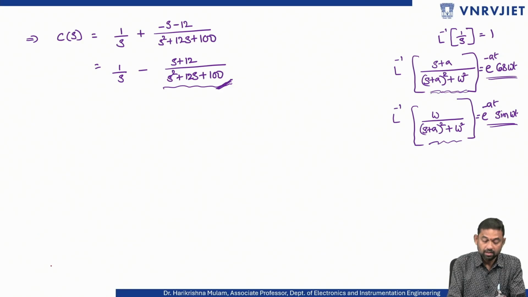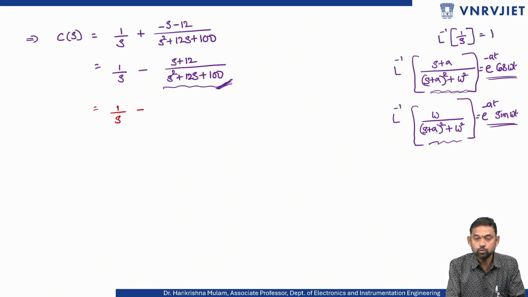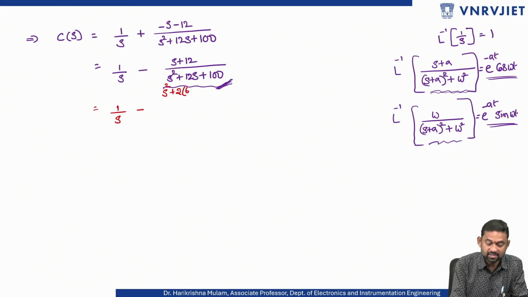Let us see. Therefore, 1 by s minus, you need to write it in the form of s plus a whole square plus omega square in the denominator. s plus a whole square is s square plus 2as plus a square. Therefore, let us write this 12s in the form of 2as. Therefore, 2 into a is 12, so a is 6, and a square will be 36.